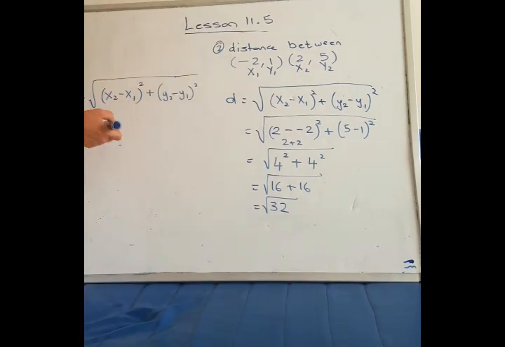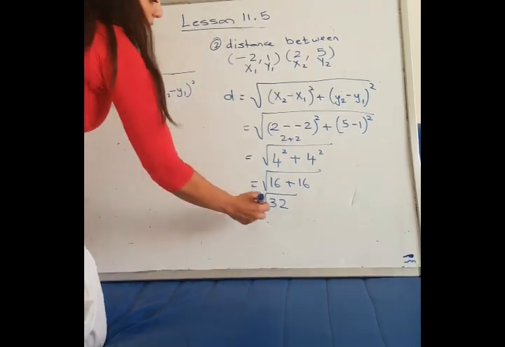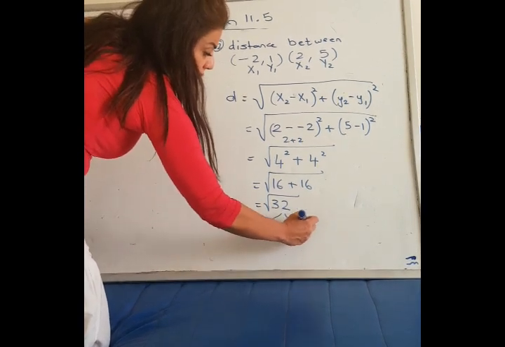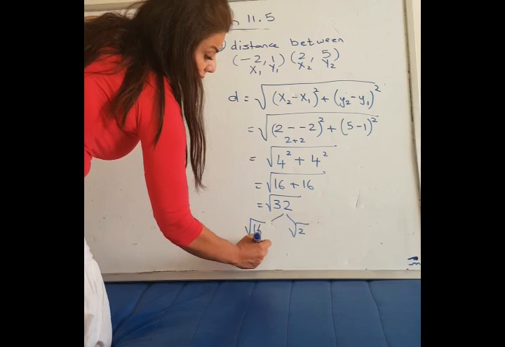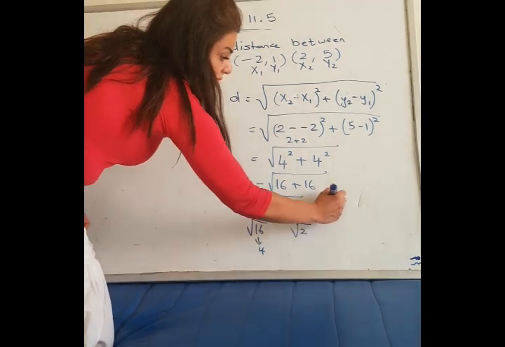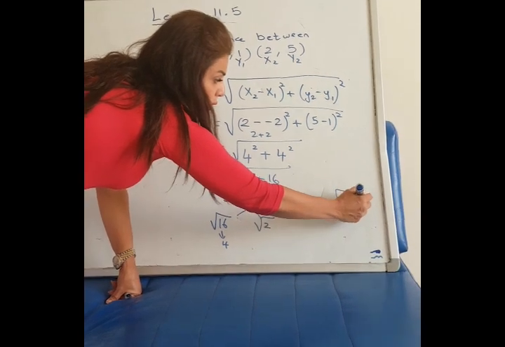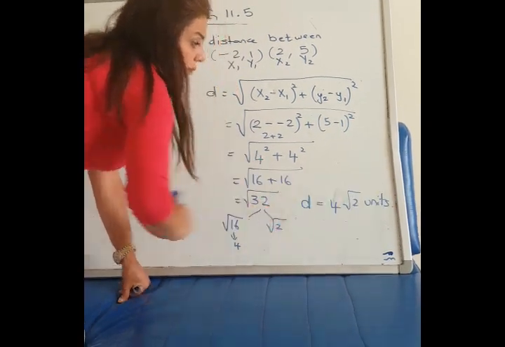Now, can I simplify 32? Yes, I can. I look for the biggest perfect square: 16, radical 2. The radical of 16 is a 4. So D is equal to 4 radical 2 units.